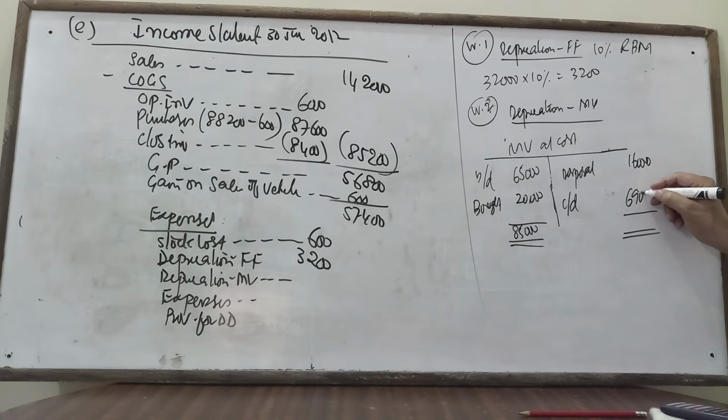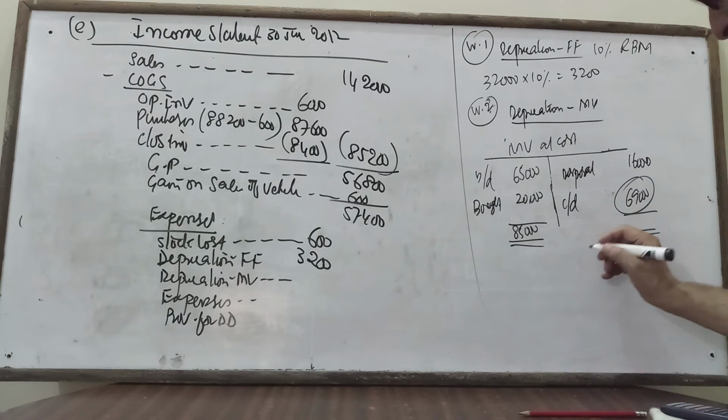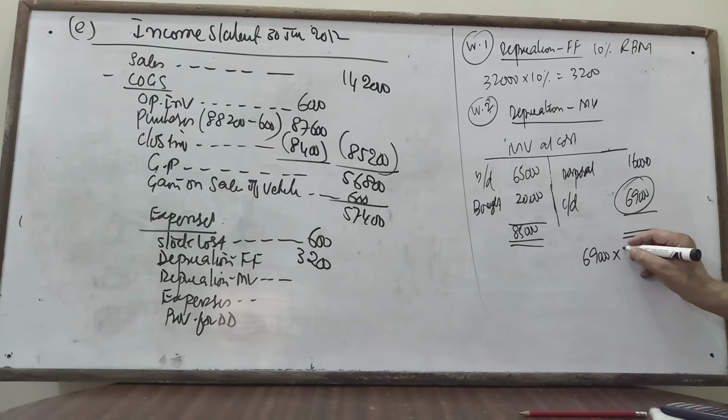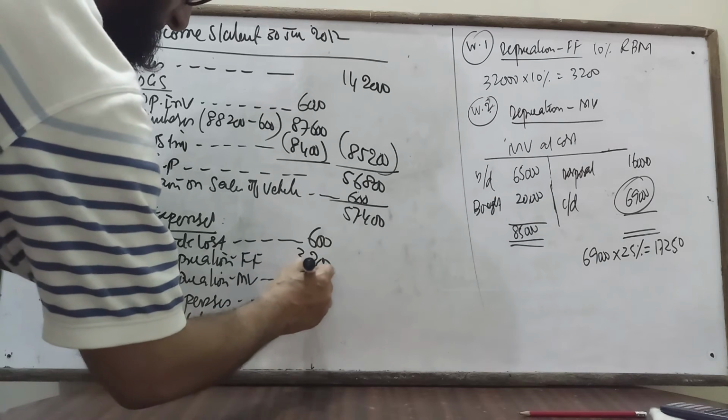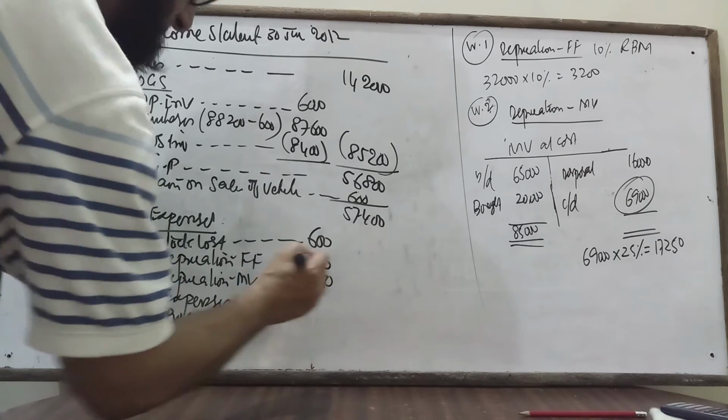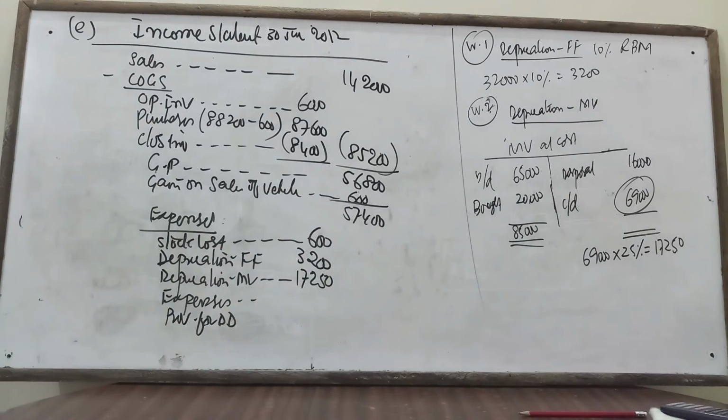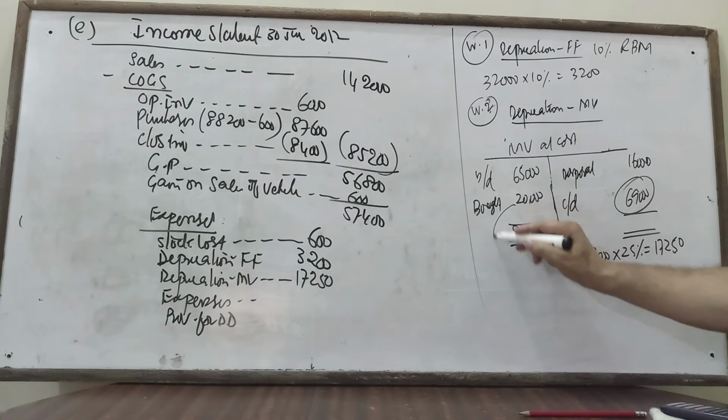This is the closing balance of motor vehicle. On this closing balance, on the 69,000, we charge the depreciation policy of 25% on cost. It was 17,250. This is the depreciation of motor vehicle, 17,250.